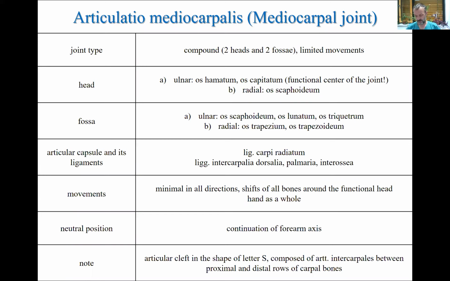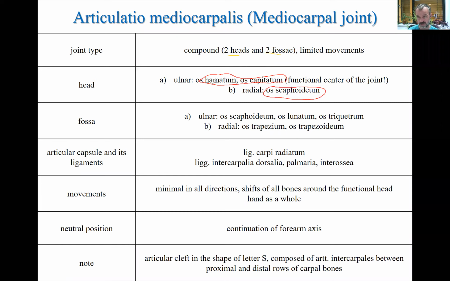Another joint which is in close vicinity is the medial carpal. The medial carpal joint is a long curved cleft. It's a compound joint and it has two heads and two fossae. One head is hamate and capitate. The other head is scaphoid.